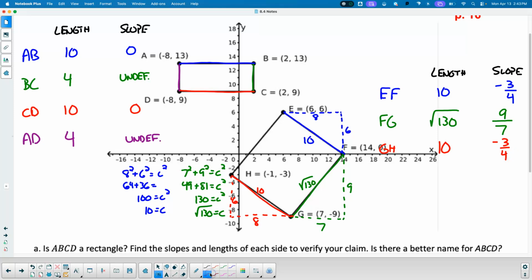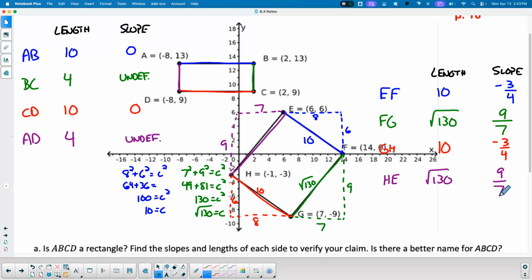Then I've got this one, which would be up 9 and 7. That would be the square root of 130 and have a 9/7 slope.